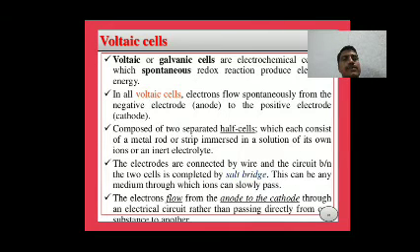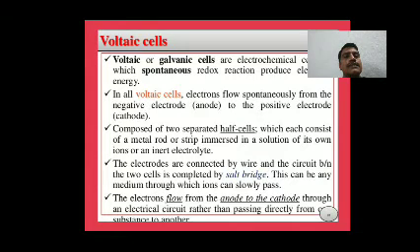Two different electrolytic solutions have different electrodes arranged in them. These electrodes are connected with a wire. The two half cells are in contact through a salt bridge, a U-shaped tube completely filled with salt components like a mixture of potassium chloride, ammonium chloride, potassium sulfate.